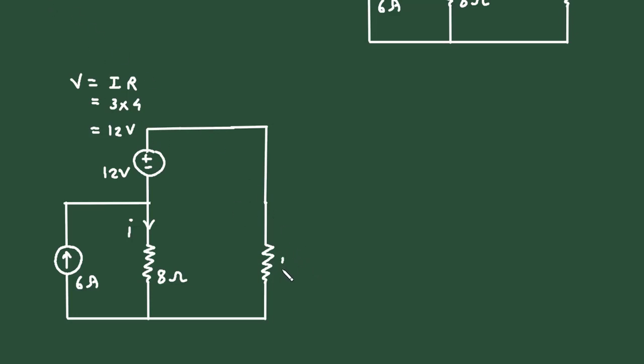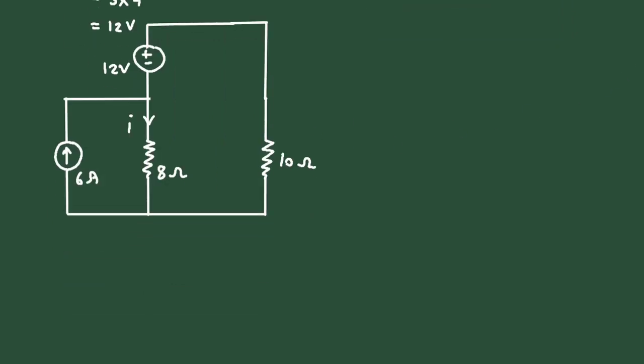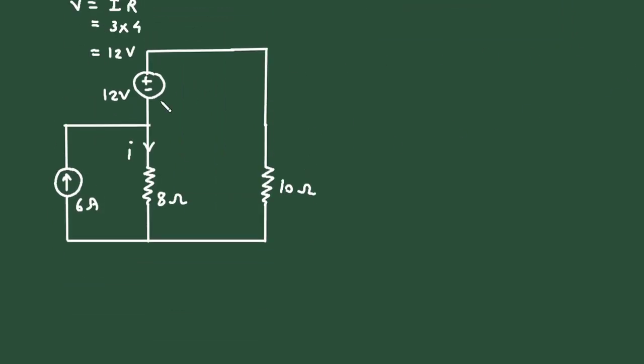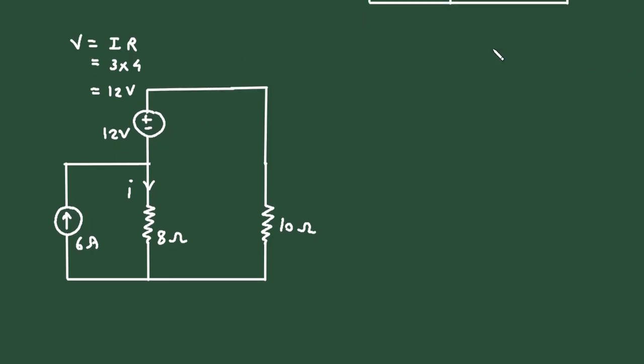So it will be like this, 10 ohm. Now again we can convert this voltage source into its equivalent current source.